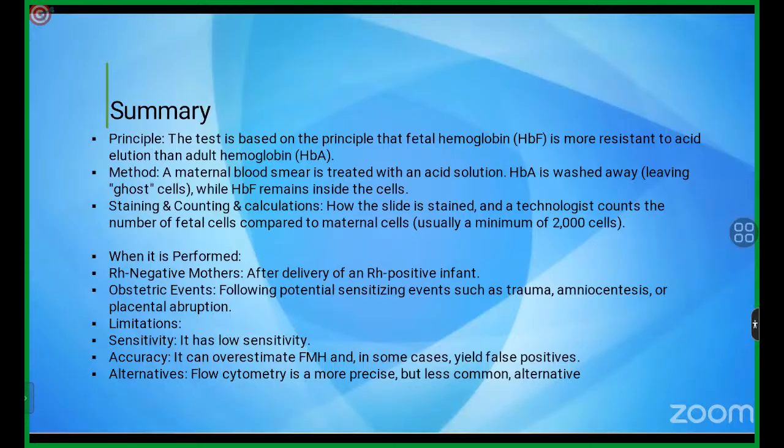Staining, counting and calculation is whereby we do a minimum count of 2,000 red blood cells, and then we obtain the number of fetal cells and the number of total cells, which is usually 2,000.